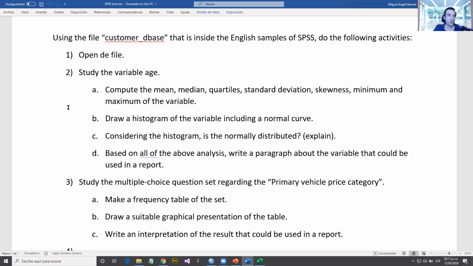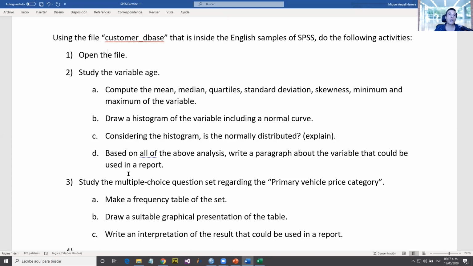Okay, so this is what you have to do. You already opened the file. Now you have to study the variable age. First, you have to compute mean, median, quartiles, standard deviation, skewness, minimum, and maximum.